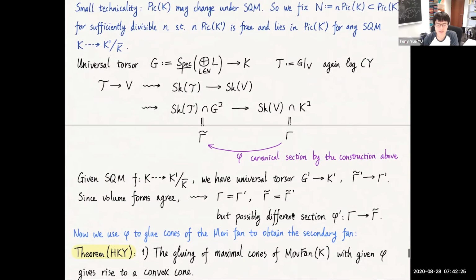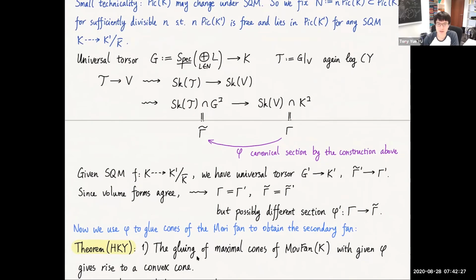And we prove that the gluing of maximal cones of the moving part of the Mori fan with given phi gives rise to a convex cone. It's not so obvious, because what we do is we just glue cones.